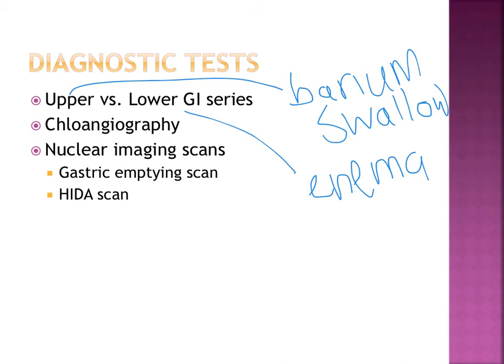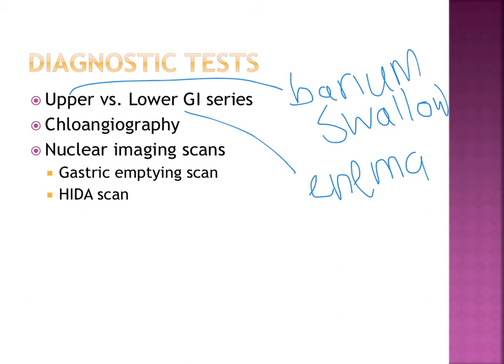Flipping the page. Nuclear imaging scans. In general, in nuclear imaging scans, a radioisotope is injected and highlights whatever organs we would like to take a look at. For nuclear imaging scans, you tell the patient you're going to be NPO, you're going to have a radioisotope. It's not enough to hurt you, but you should only have one nuclear imaging scan per day. Gastric emptying scan.